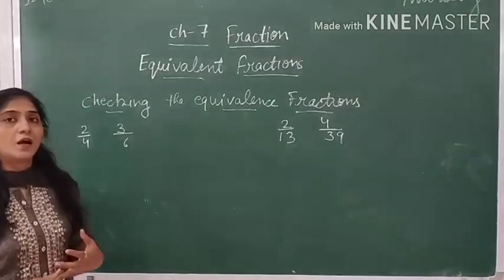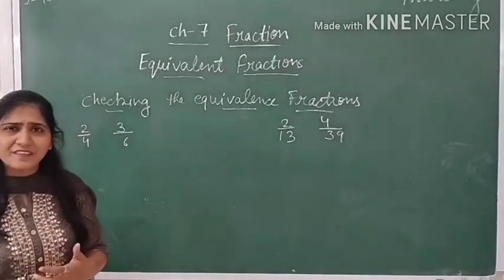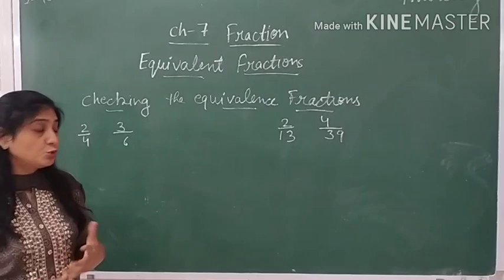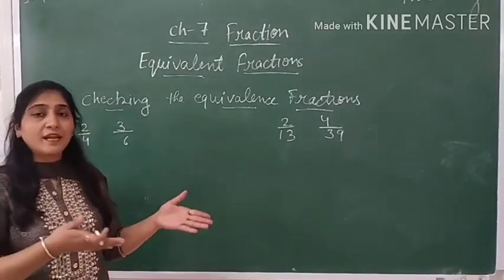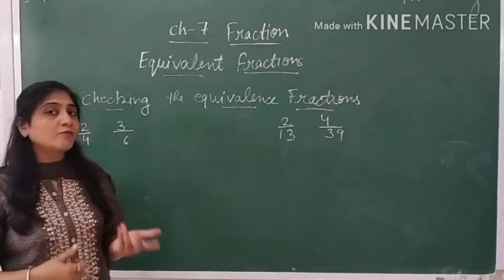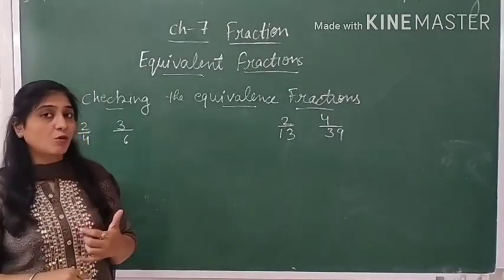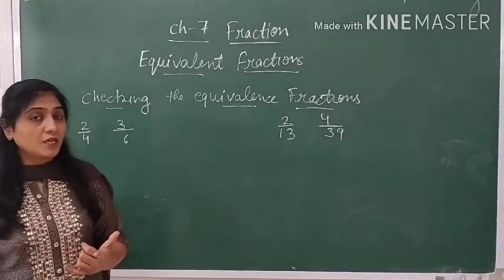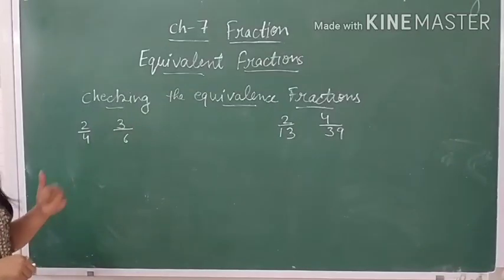Okay students, now we will learn how to check whether the given fractions are equivalent. जो फ्रैक्शंस हमें दी हुई हैं, वो इक्विवेलेंट हैं या नहीं. How can we check? We can check whether the given fractions are equivalent or not by cross multiplication. See how? I will explain with the help of an example.